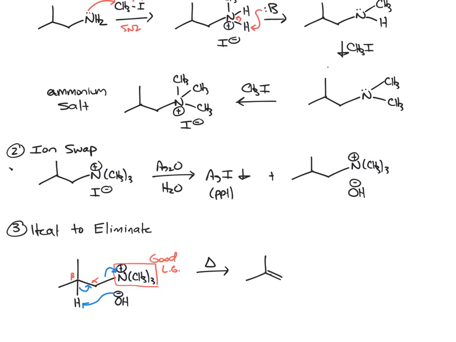There's the alkene product, plus water and trimethylamine. Now in this case, it was pretty straightforward because there was only one type of beta hydrogen to eliminate. But if we have multiple types of beta hydrogen, we can potentially get multiple products.